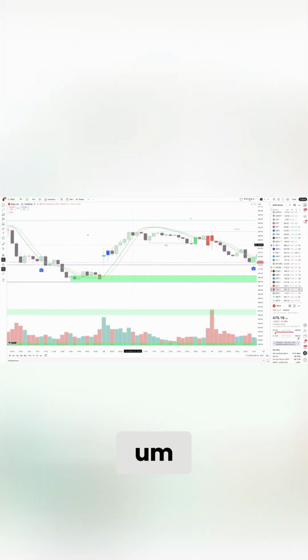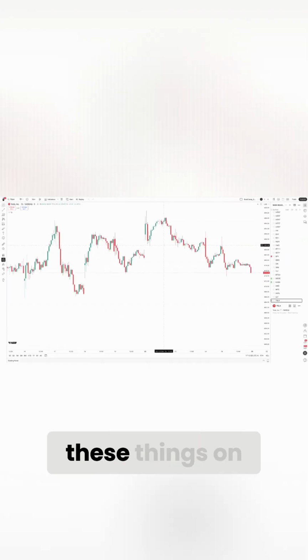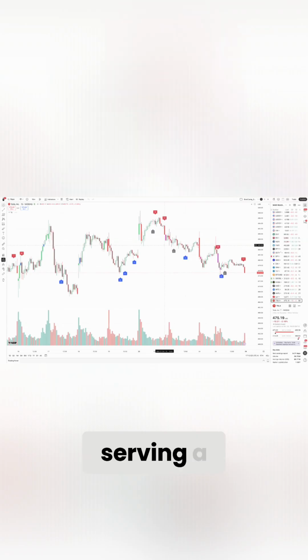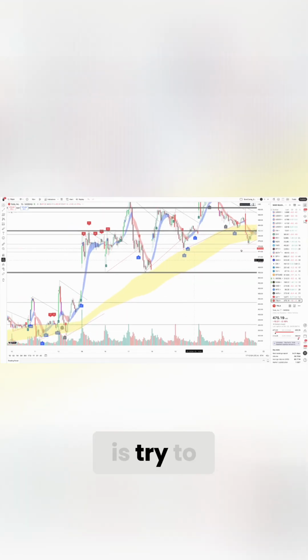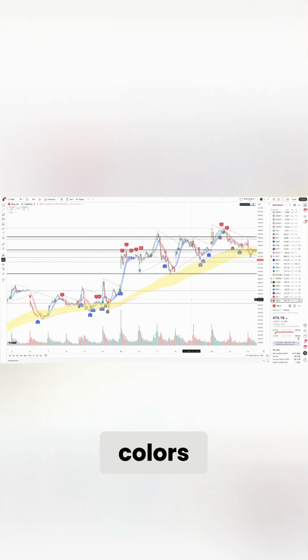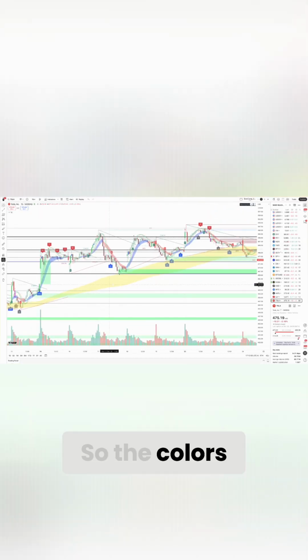And so let me refresh this right quick. So we have these things on the chart all serving a purpose, and what you want to look at is that what coach has done is try to simplify it down to colors. So the colors of the 12, when it flips red, we know that the short term trend is bearish now, right?